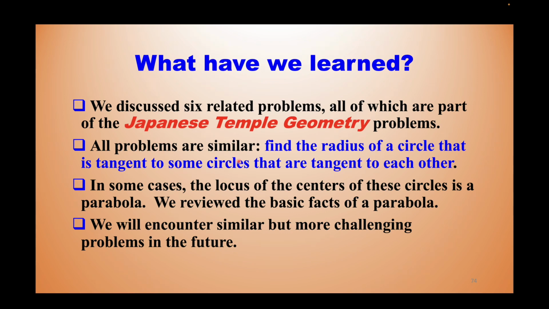They have a common flavor: find the radius of a circle that is tangent to some circles that are tangent to each other, satisfying certain conditions. In some cases, the locus of the center of these circles is a parabola. We'll review the basic facts of parabola. We will encounter similar but more challenging problems in the future.